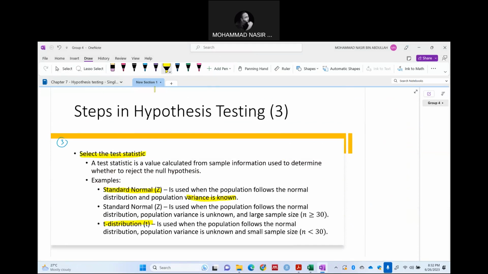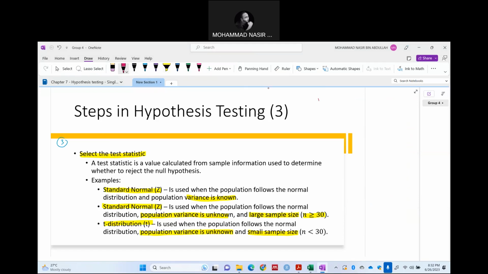Another standard normal case is when the population variance is unknown, but we have a large sample size. This is where we look into the central limit theorem from the last chapter, when n is more than 30. And for unknown population variance with a very small sample size, we will apply the T distribution.